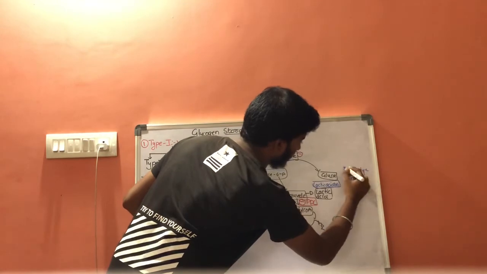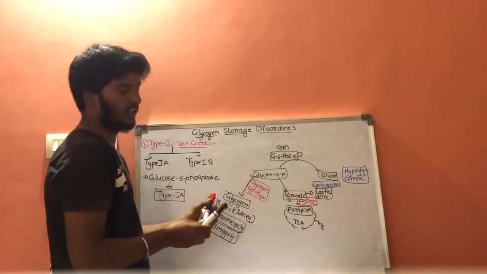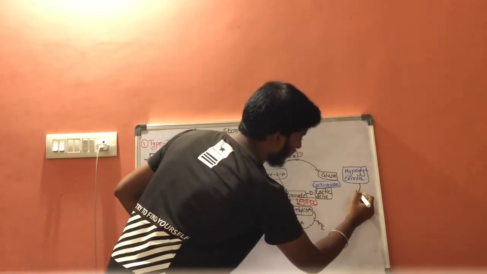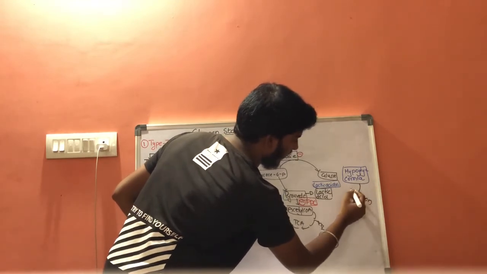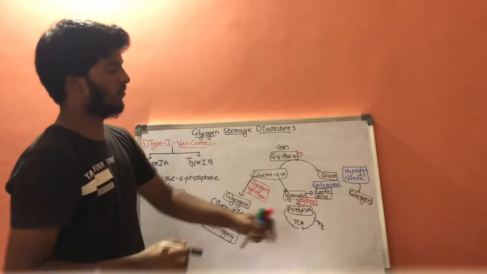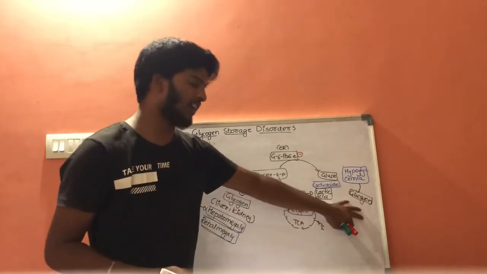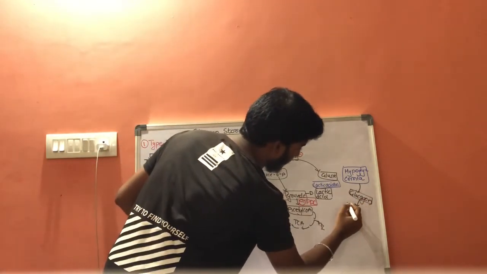Whenever hypoglycemia arises, it results in formation of glucagon. This glucagon will act on adipose tissue, where it results in lipolysis.